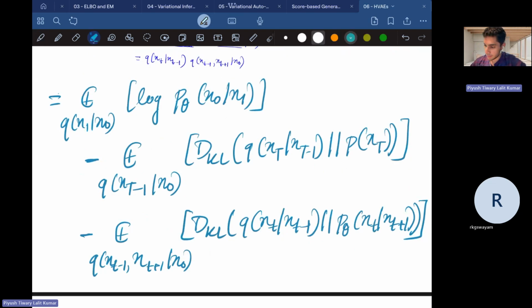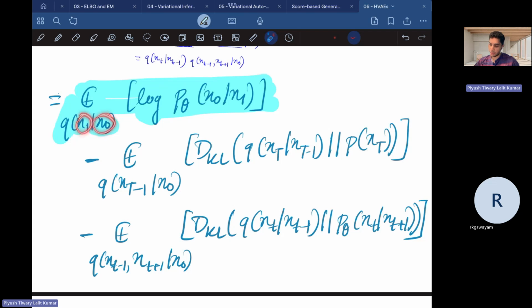Now let's analyze each of these terms and see what they represent. The first term here is quite similar to what we had in VAE. This is nothing but your reconstruction term, right? You obtain x_1 from x_0 and then again get x_0 from x_1.